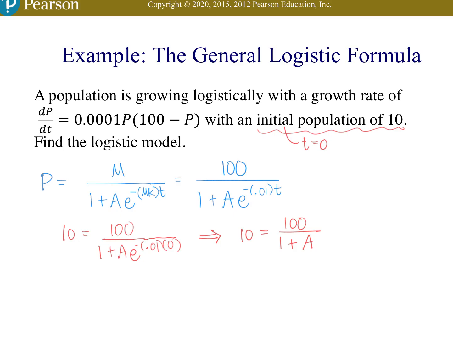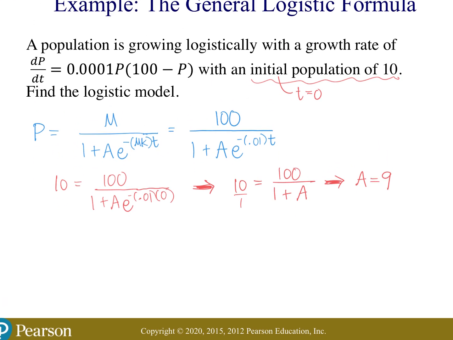Mathematically, how do we solve for A? I'd cross multiply. So I'd put a 1 under the 10. And I would cross multiply. And when I cross multiply and solve, I find out that A is 9. So then I can write an official final growth model.